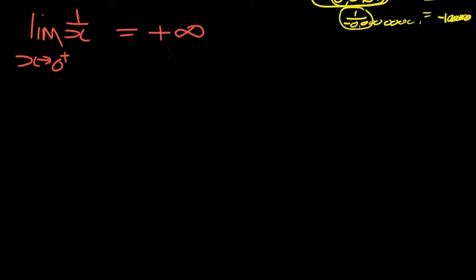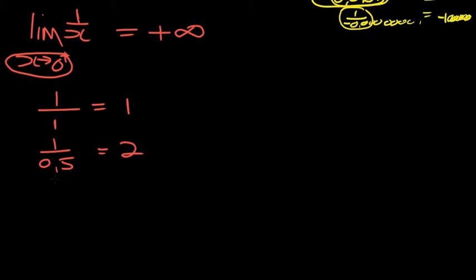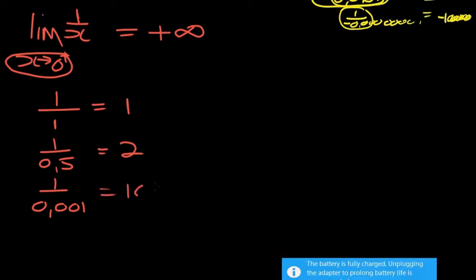Okay, well, again here, let's remember, this is now approaching 0 from the right hand side. So let's say it's 1 divided by 1, that's just going to be 1. Let's say it's 1 divided by 0,5. Now it's already approaching 0, then it's going to be 2, and 1 divided by 0,001, that's going to be 1,000.